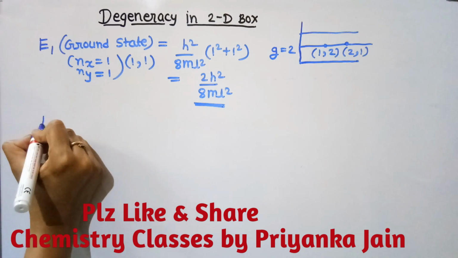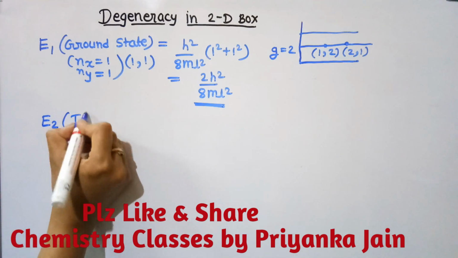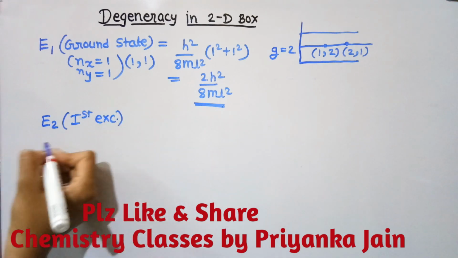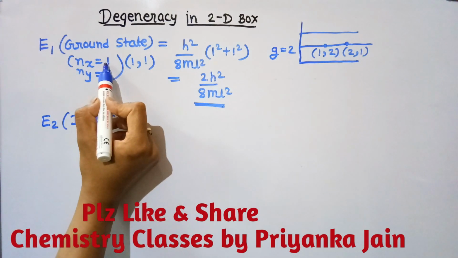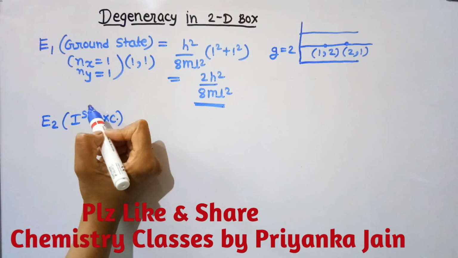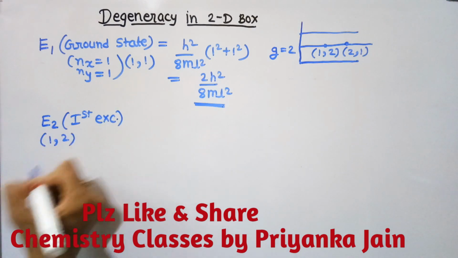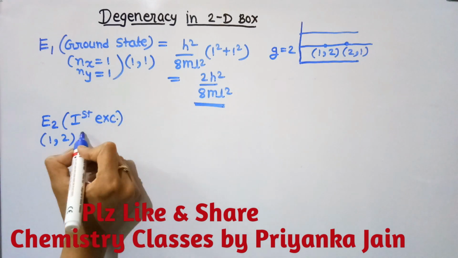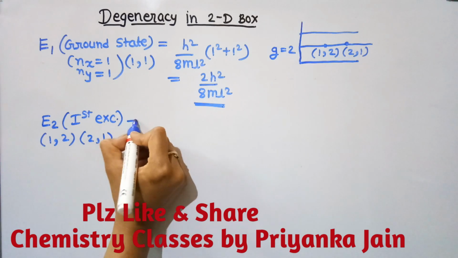Okay, this is the ground state energy or zero point energy for the 2D case, right? And similarly, if we have to find the energy of the first excited state, what can be the condition? One condition is nx is equal to 1 and ny is 2. It means 1 2. Or another condition may be when this is 2 and this is 1, 2 1. In both cases, what is the energy?